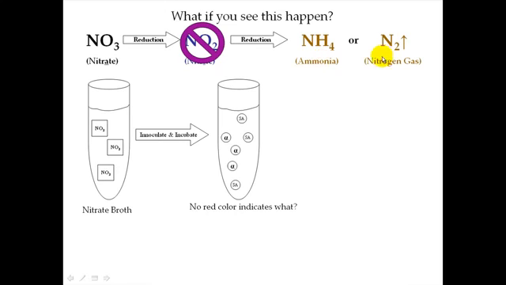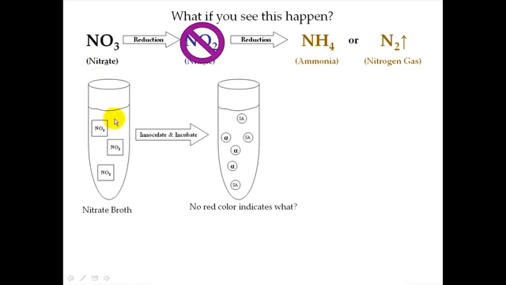So there are two possible reasons why there's no nitrites in the tube. And to figure out which one of those two reasons caused the lack of nitrites, if you see no red color after adding the sulfanilic acid and the alpha-naphthylamine, you have to do one additional step to let you know which of these two possibilities occurred.